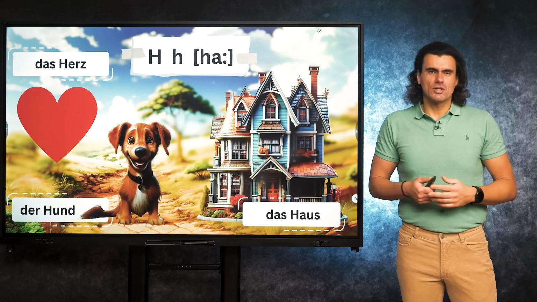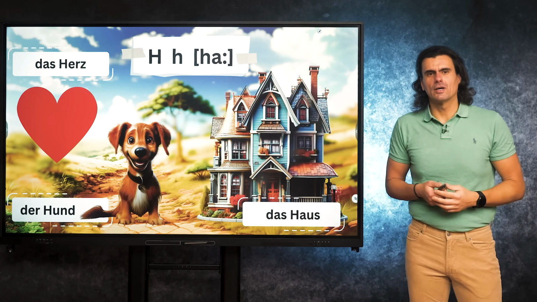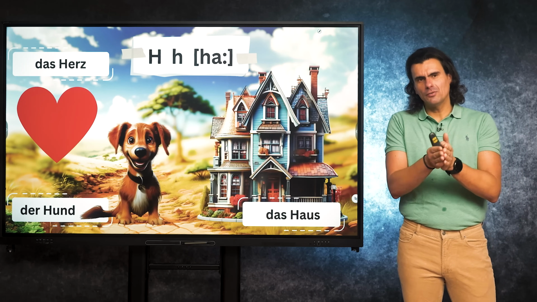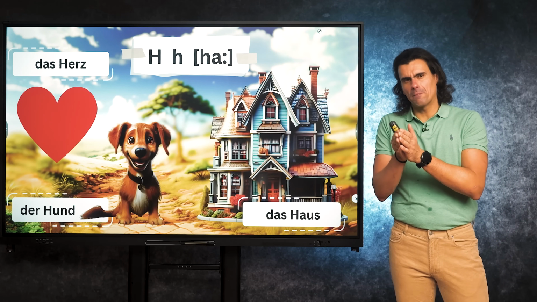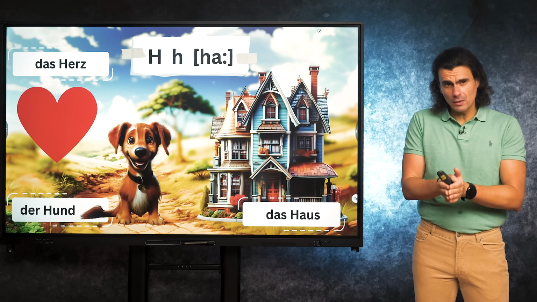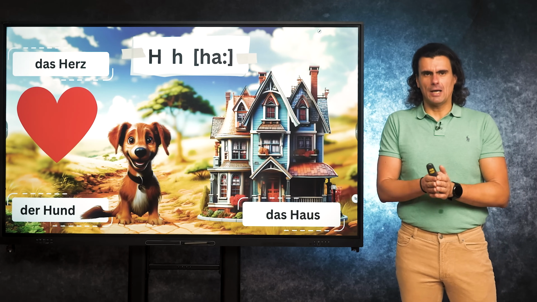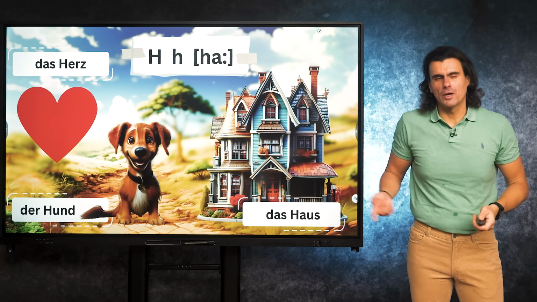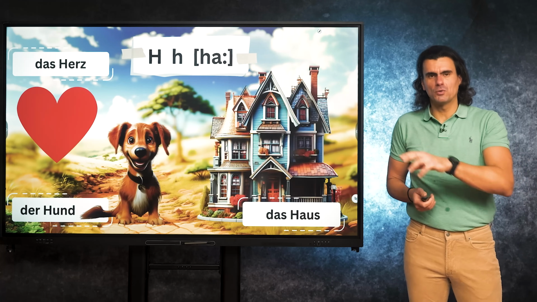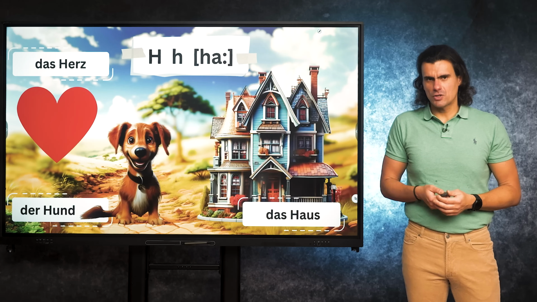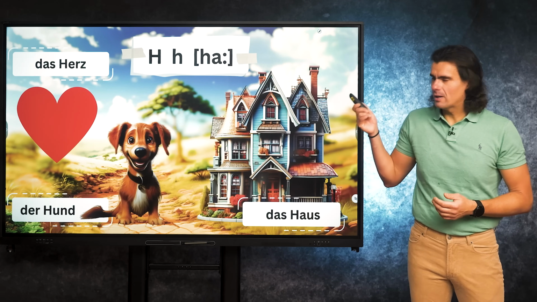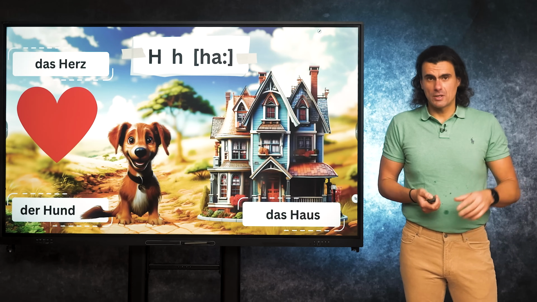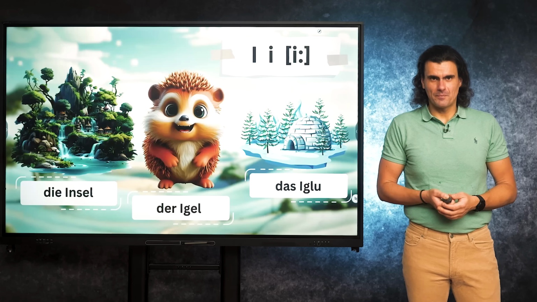You just make this sort of movement. But H, when it comes after a vowel, is very often mute. I just say this once, so you have it in the back of your mind. And of course, we are going to go deeper into this later down the road, just for you to remember the letter H is a tiny little bit more special than most other letters.